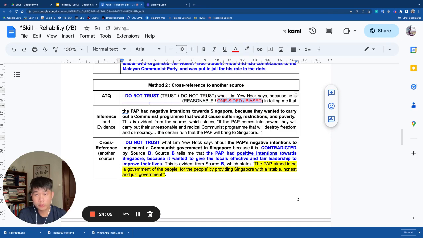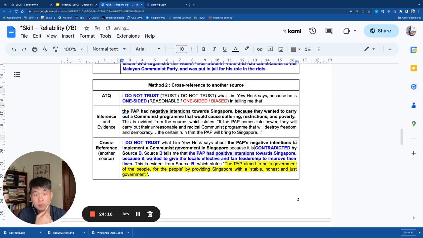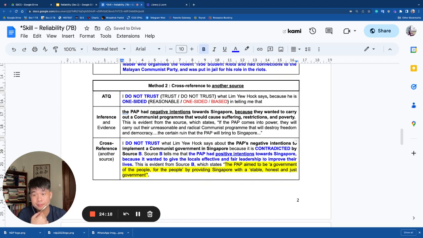So you would go with Lim Yew Hock is one-sided in telling me this, and also you do not trust because it's contradicted by source B. So I hope I've demonstrated to you how we can use another source to pull in the inference. Importantly, the contradiction here is very clear. Negative intentions versus positive intentions.